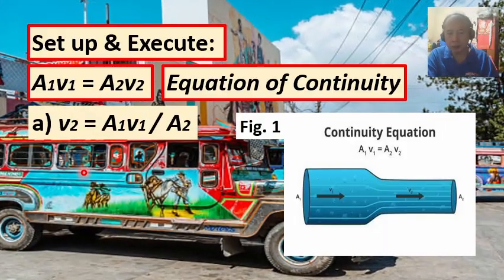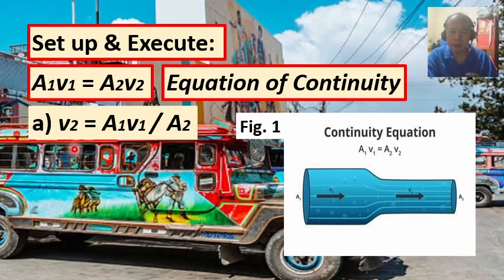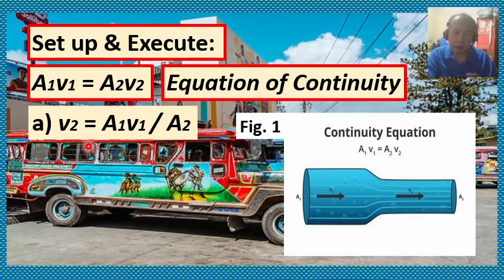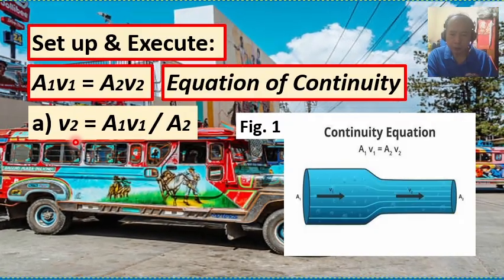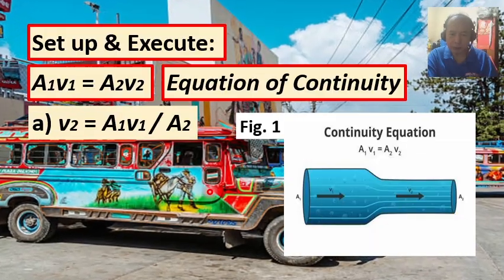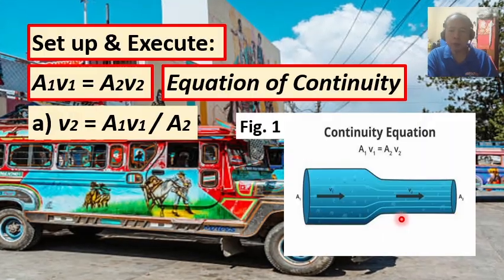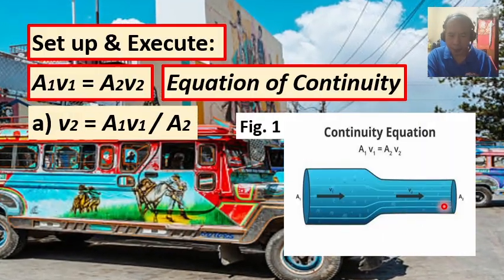So in part A of our problem, we are tasked to compute the speed v sub 2, right? So if we stick to our diagram, V sub 2 is the speed of the water when it is at the smaller pipe.